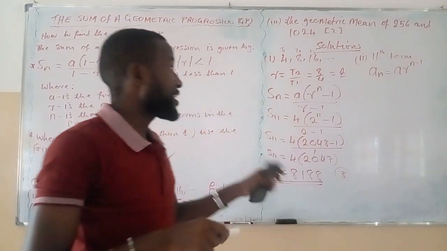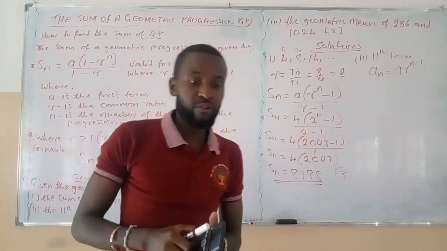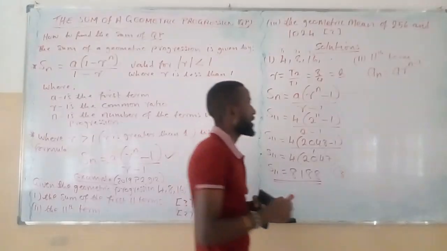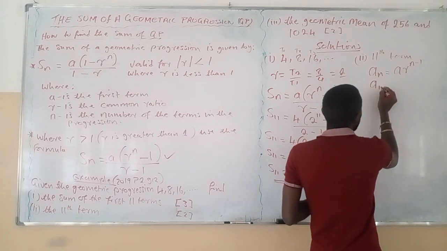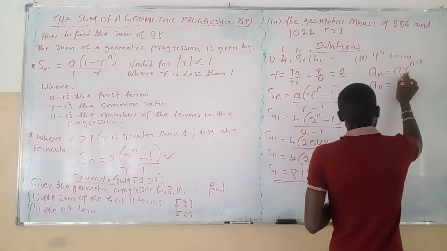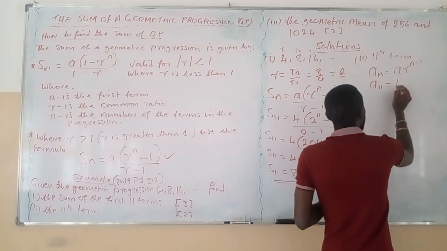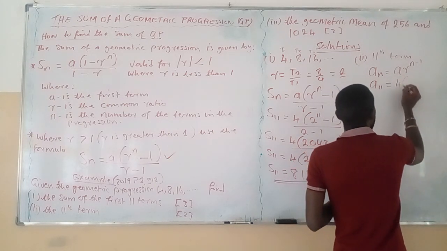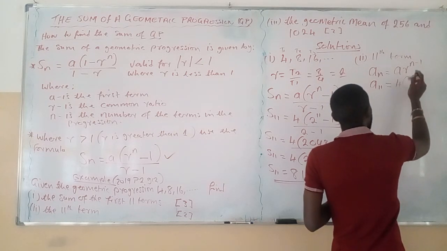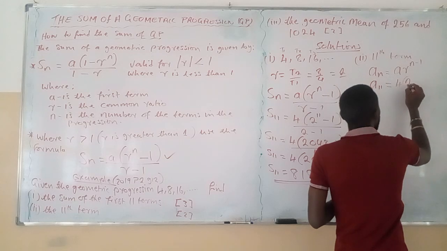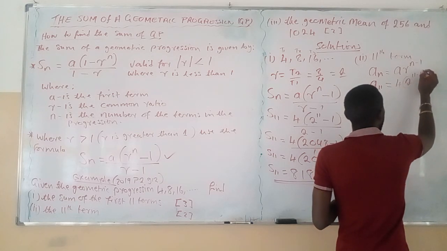Remember, we learned about that formula, so it's not something new. So that is what we are going to use. So let us find this one now. a is the first term, so I'm going to say the 11th term is equal to, what is my first term? It is 4. What is my ratio? My ratio is 2, to the power 11 minus 1.